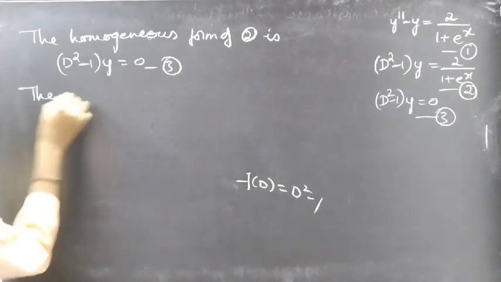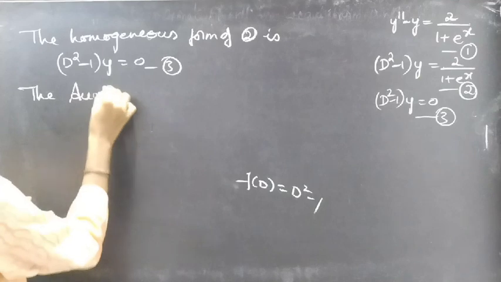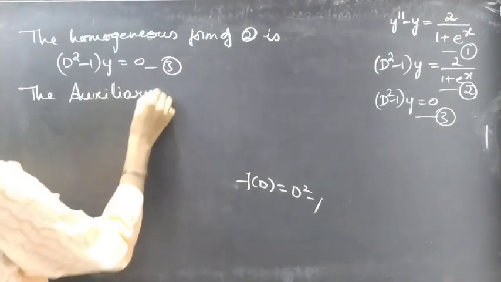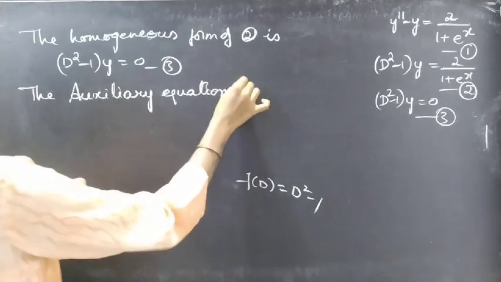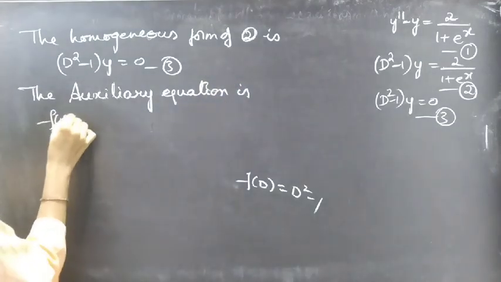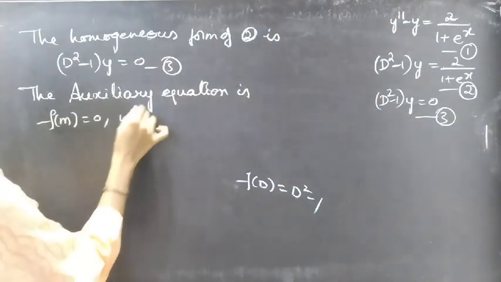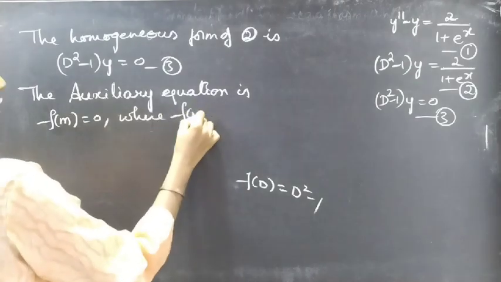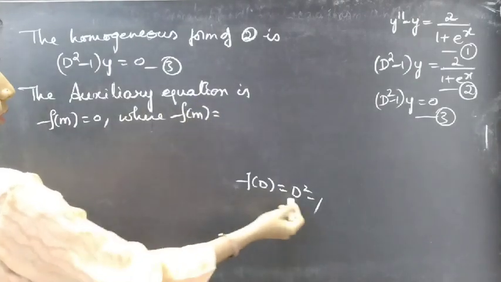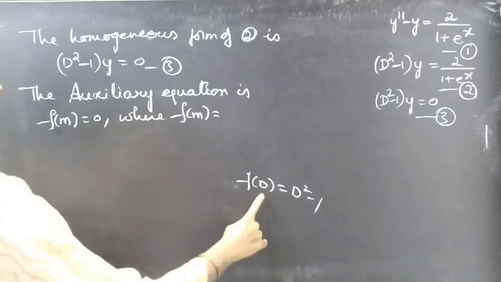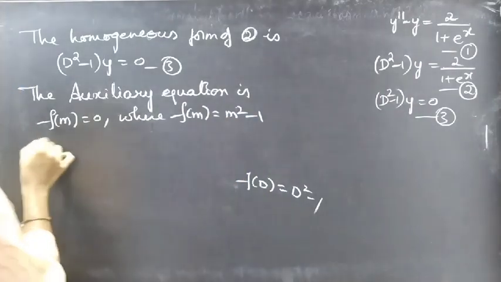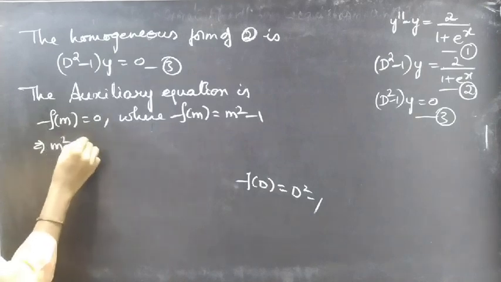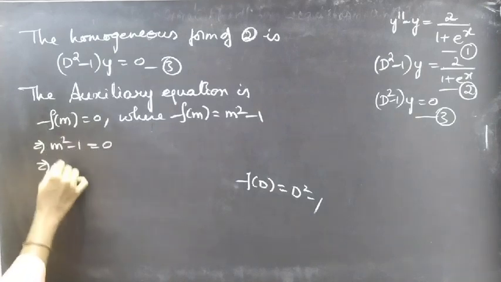So the auxiliary equation is f of m equal to 0, where f of m is obtained from f of d equal to d square minus 1. Let's replace the differential operator by m, so that we get f of m equal to m square minus 1, and the auxiliary equation becomes m square minus 1 equals 0.